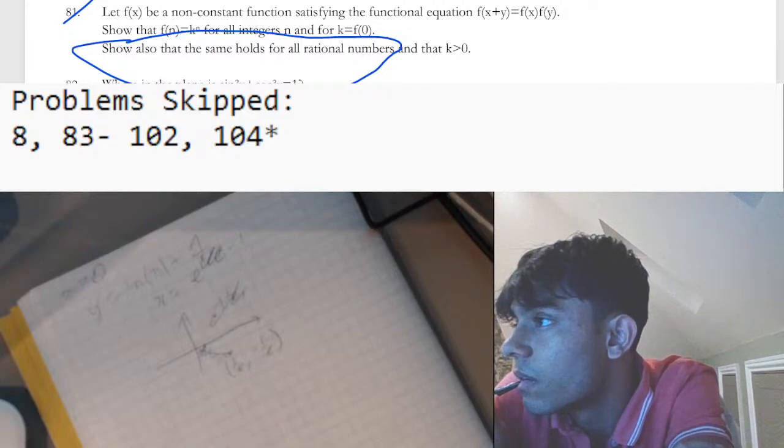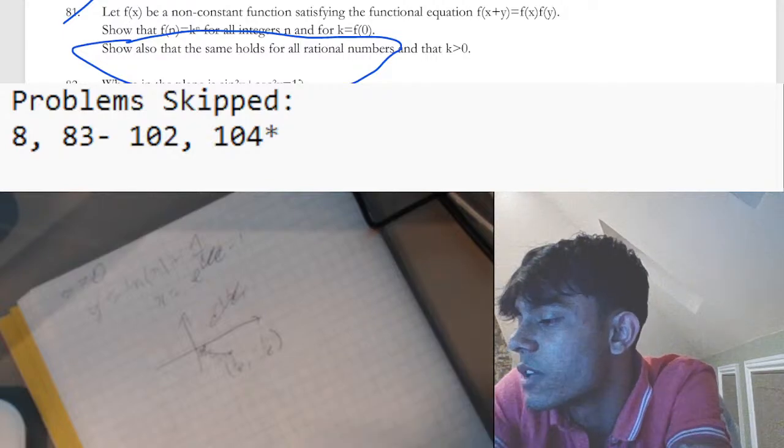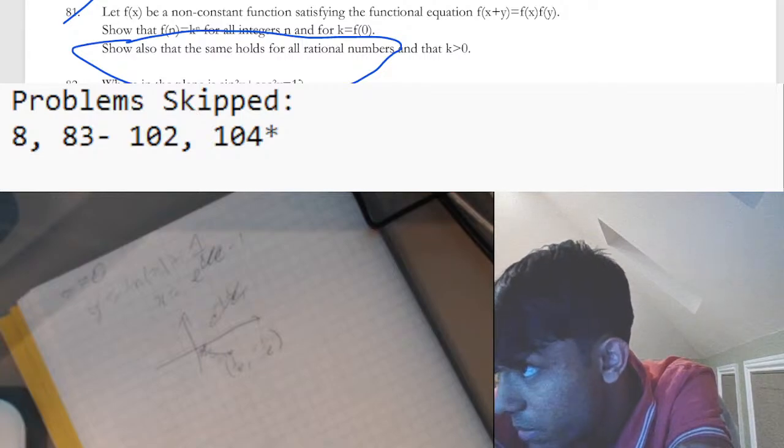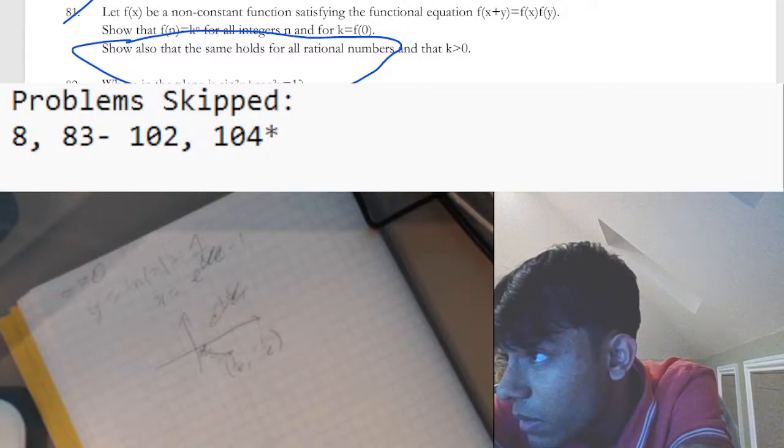But then it increases. So yeah, as x gets very big, this is going to get very big.